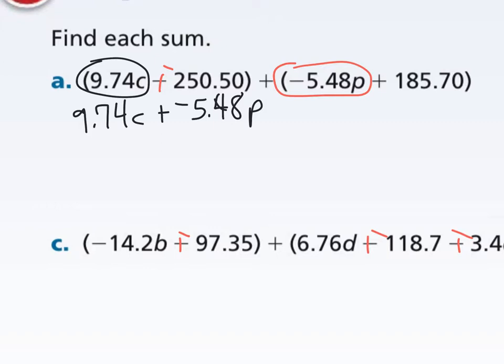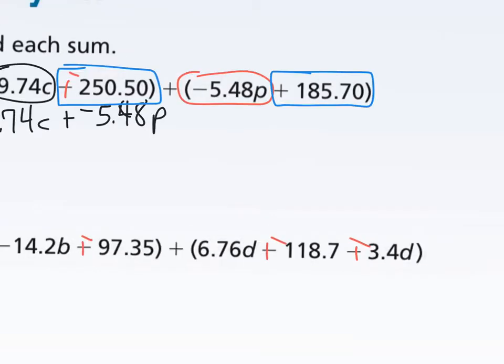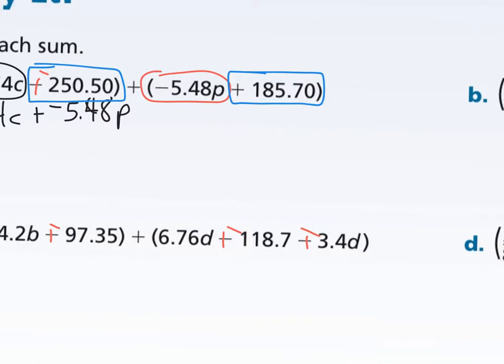So to combine these last 2 terms together, we'll notice that they are like terms again. They're both constants. They don't have letters next to them, so we can combine them. One's positive, one's negative, so they're working against each other. So we can subtract.